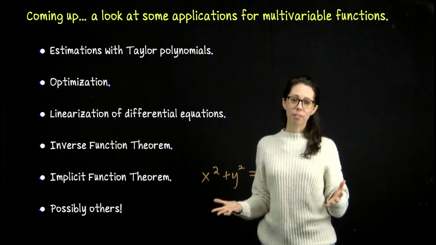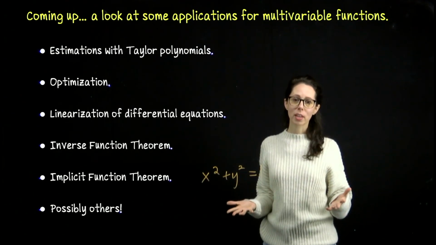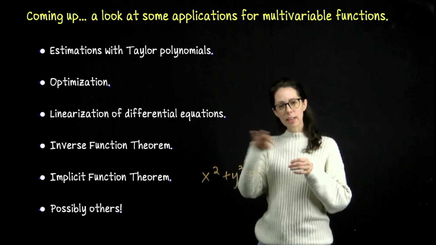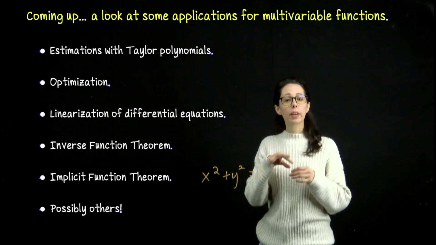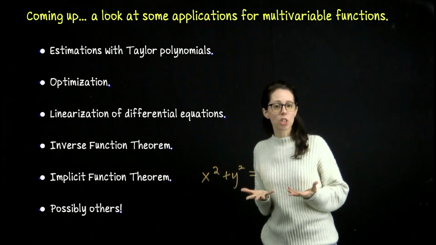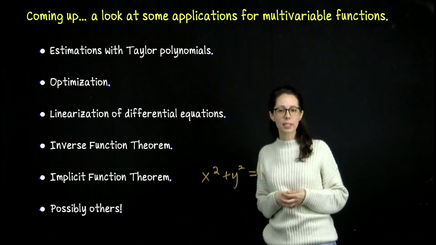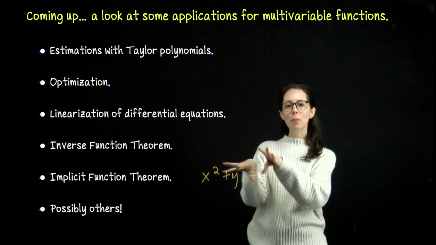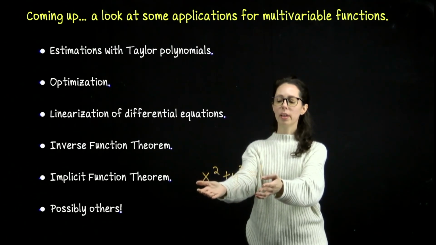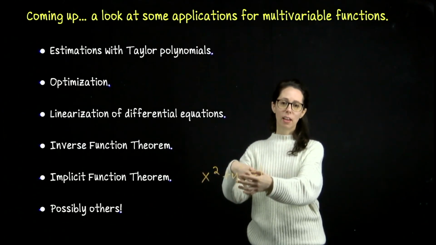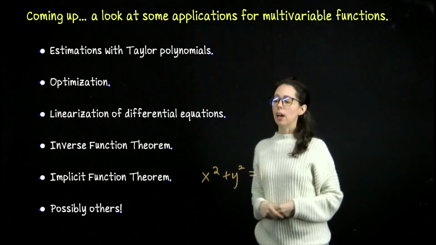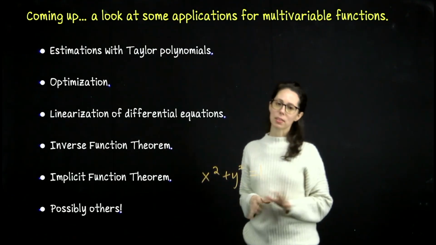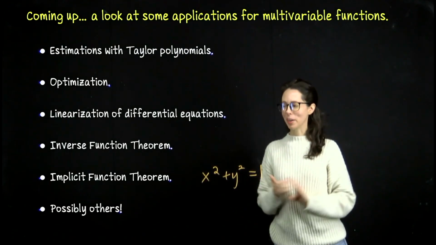That does not define a function because it doesn't pass the vertical or horizontal line test. But if we just look at, say, the upper semicircle, we could think on that upper semicircle that y is a function of x. There it would pass the vertical line test. So we're going to generalize that idea. Can you zoom in and view an equation as a relationship which is like a function? We will generalize this idea with the implicit function theorem. Okay, I will say no more.